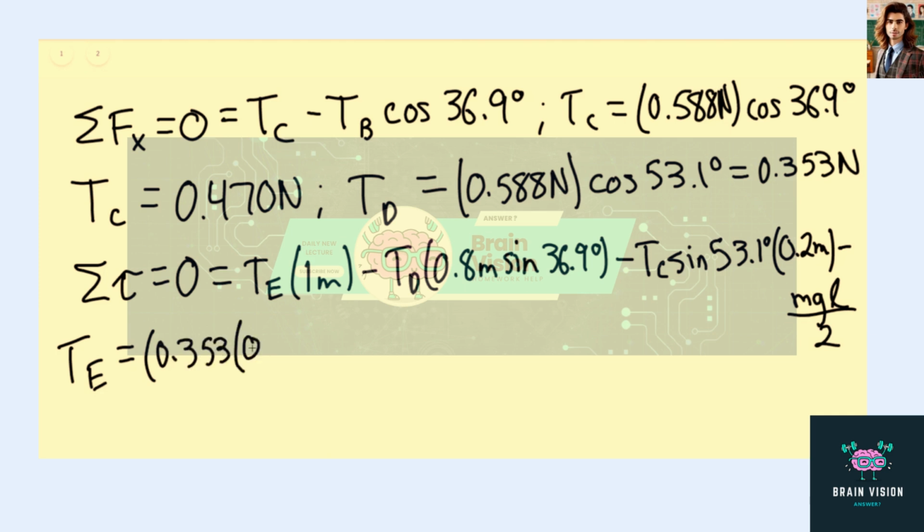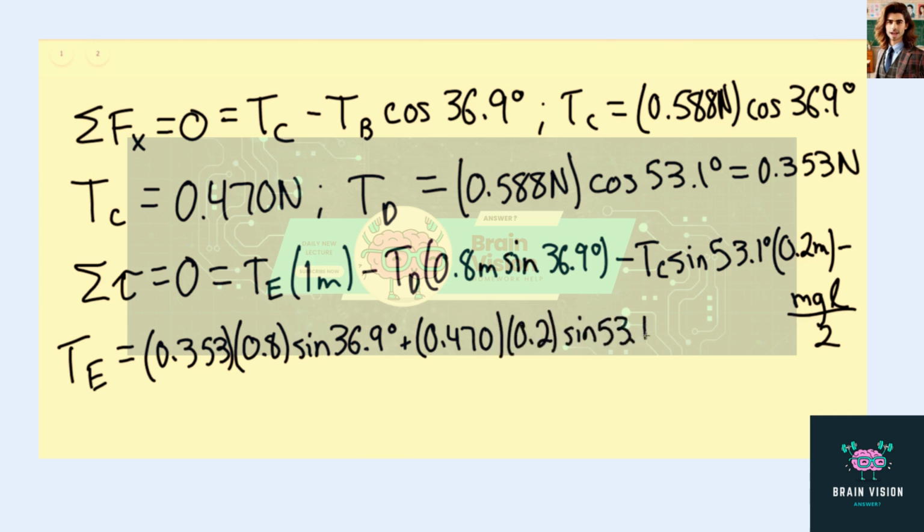And so we find that T sub E is going to be equal to 0.353 times 0.8 sine of 36.9 degrees plus 0.470 times 0.2 times sine of 53.1 degrees, and then plus 0.12 times 9.8 times 0.5.